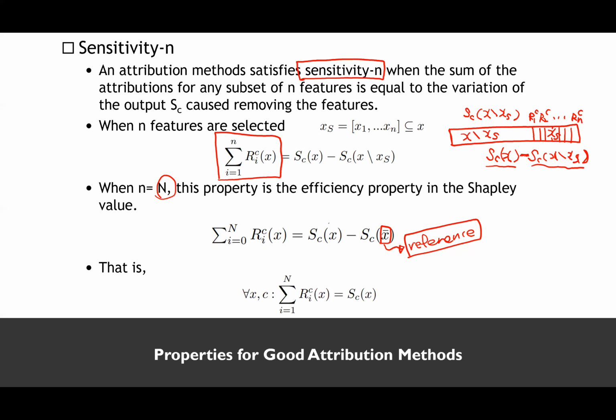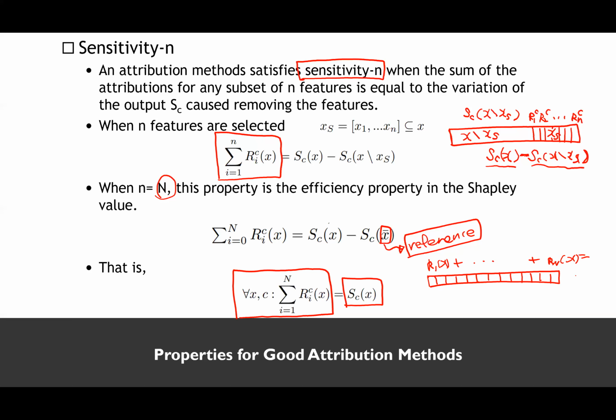If that is the case, then the final contribution of the input can be decomposed into the individual contributions of the attributions that we recover from the attribution method. This is always satisfied when the attribution method satisfies sensitivity-N, where R_1 through R_N sum up to the score.